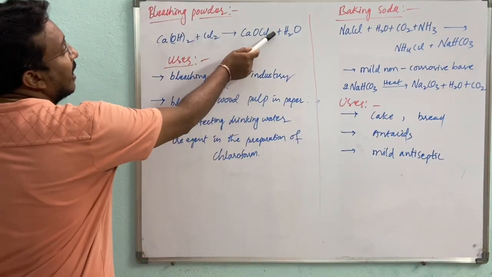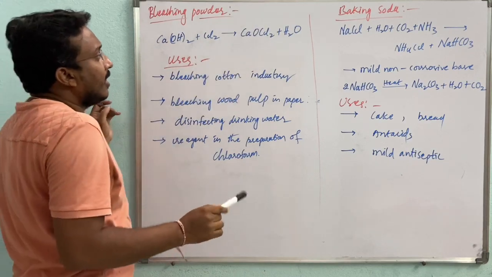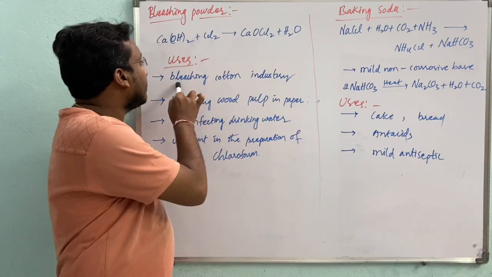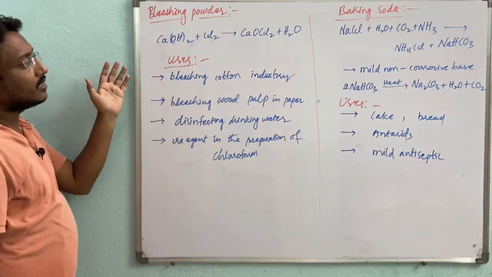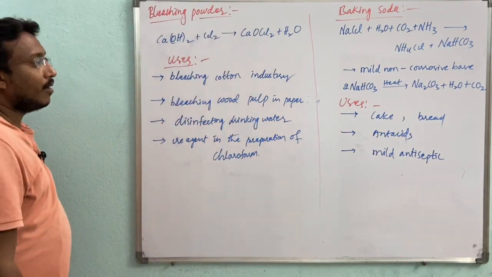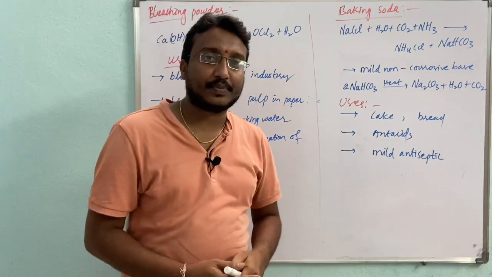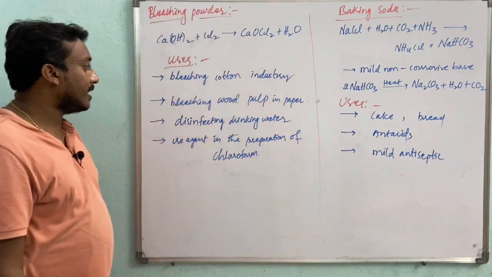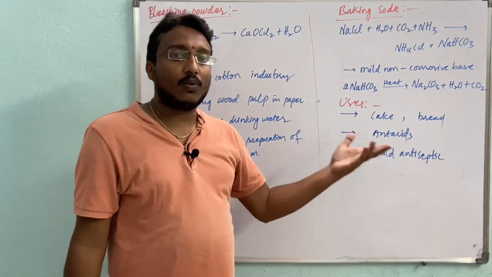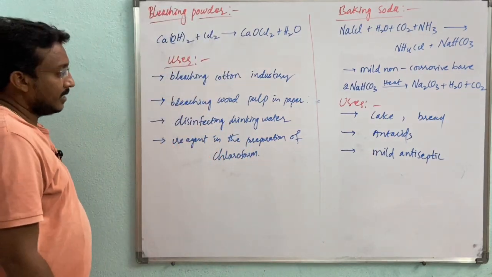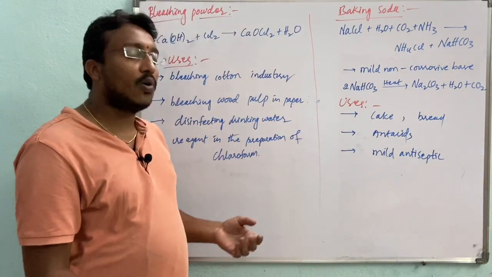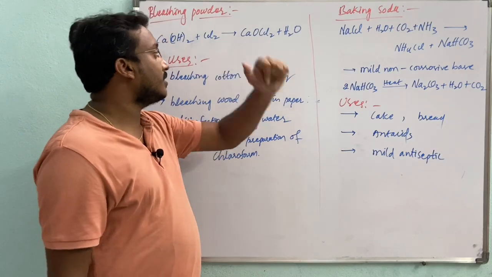In our daily life we use bleaching powder for cleaning purposes. We use it in the cotton industry, for bleaching wood pulp in paper industries, and for disinfecting drinking water. That means they make germ-free water by adding bleaching powder. And next, it is a reagent to prepare chloroform. To prepare chloroform we use this bleach.